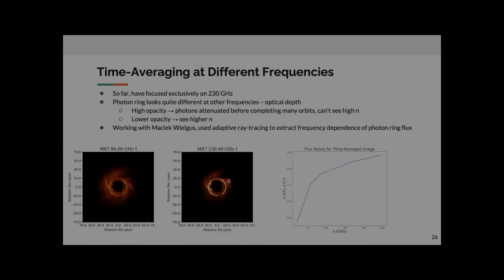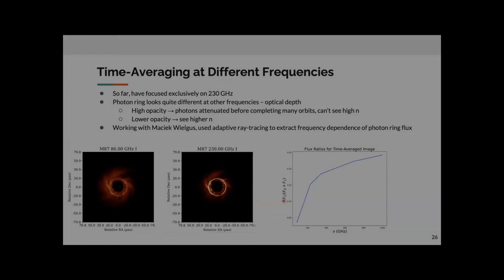And we generalize this to a range of different frequencies, not just 86 and 230. And we see that, as we expect, the photon ring becomes brighter at higher observing frequencies where the medium becomes more optically thin. So specifically what I'm showing here is on the x-axis, we have the observing frequency nu in gigahertz, shown from 86 gigahertz down here all the way up to a terahertz here.